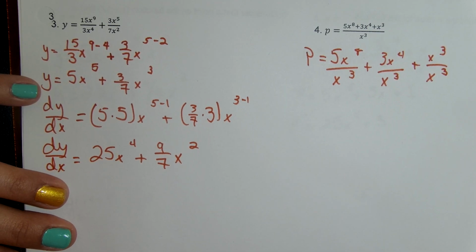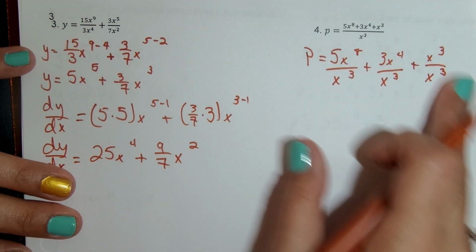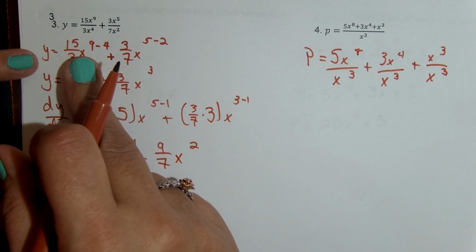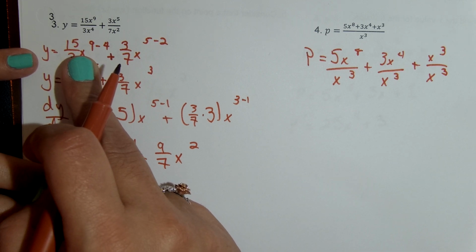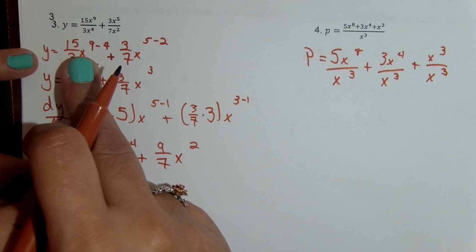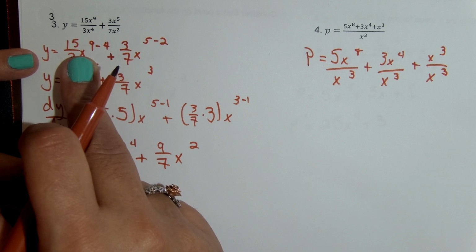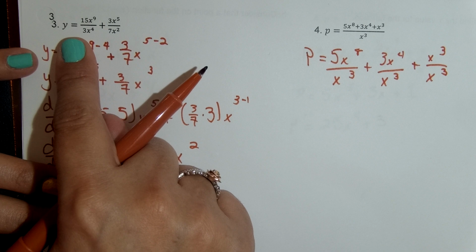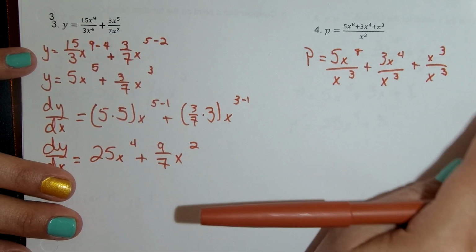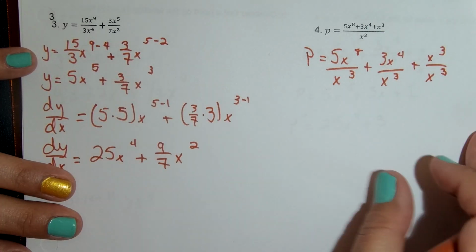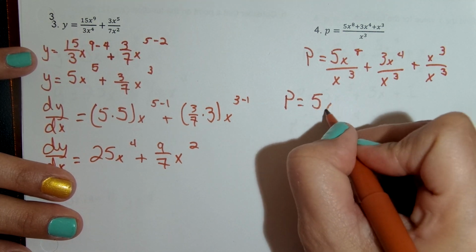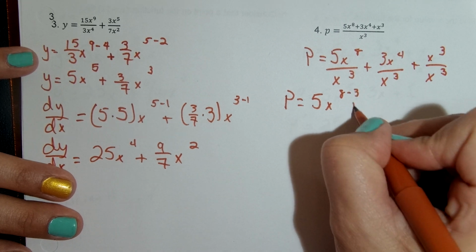Questions? And now this problem is exactly like this. Okay? Question? No? Okay. Do we see this? This problem now is exactly like the previous one. You just have to subtract the exponents and do the power rule. So I'm going to do that right now, and I'm going to go kind of quick, so stop me if you don't understand what I'm doing.